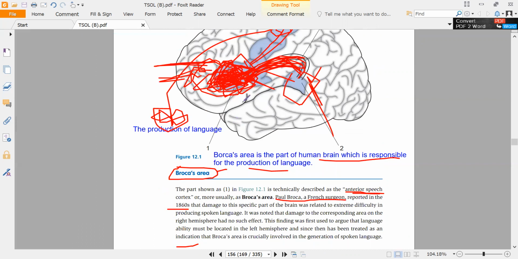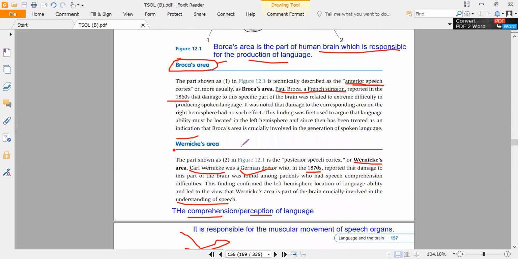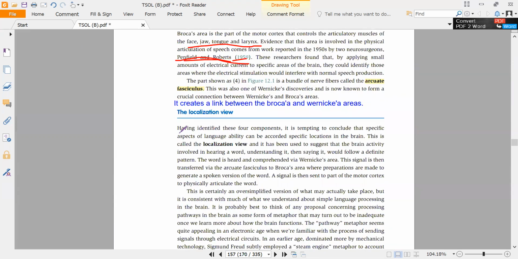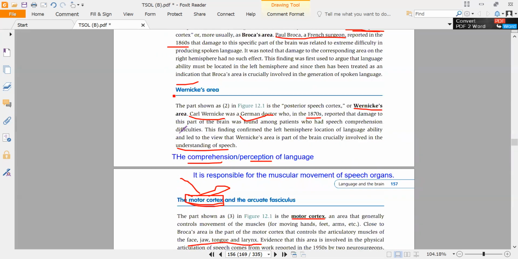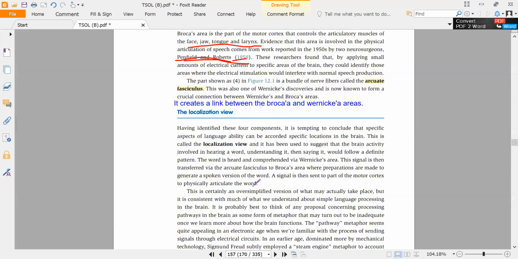Inside the language faculty, we talked about certain parts of the brain involved in different linguistic functions. Like we talked about Broca's area, Wernicke's area, then the motor cortex, right, and the arcuate fasciculus.